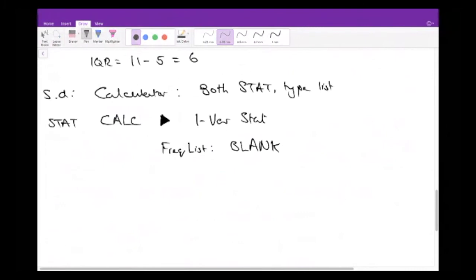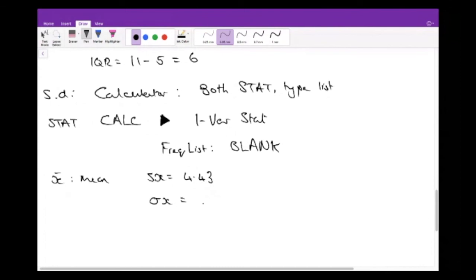And so if we look on our calculator, it tells us lots of information. X bar is the mean, it will tell us everything that we've already found, but the extra piece of information that we've got here is that the standard deviation is 4.43.